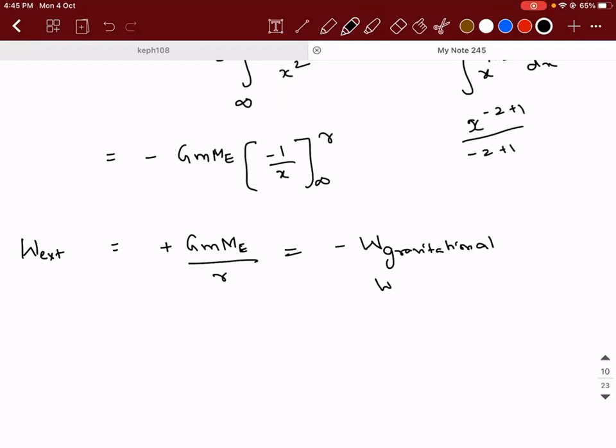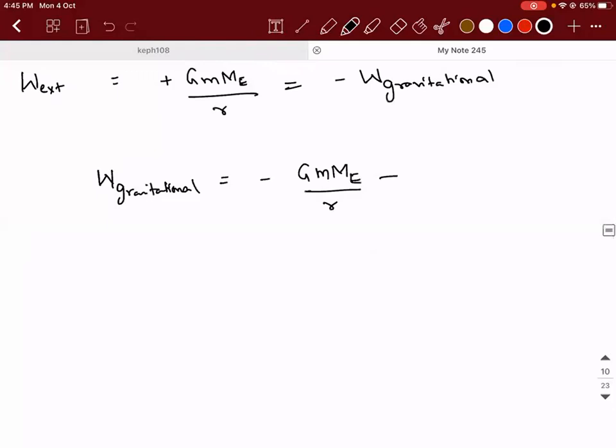This will be the negative of gravitational work done, and work done by the gravitational force will be equal to minus G into ME divided by R. And this is what is called the gravitational potential energy.